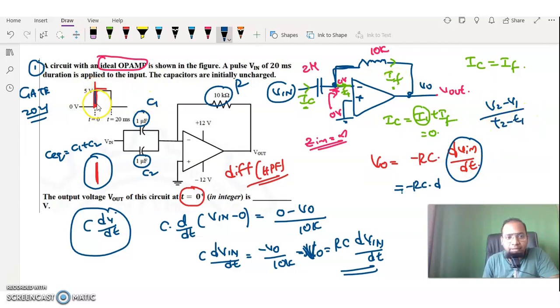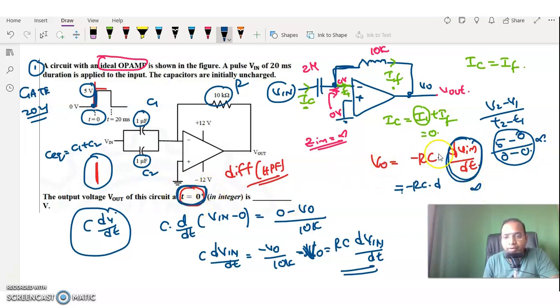Okay, so at t is equal to 0 plus, V2 is equal to 5 volts, V1 is equal to starting 0 volts, and T2 is equal to 0 seconds. That means same timing, right? So T2 is equal to 0 seconds and T1 also can be taken as 0 seconds. Now 5 minus 0 divided by 0 minus 0, how much will you get? Infinity. That means I got dVin by dt as infinity at t is equal to 0 plus.